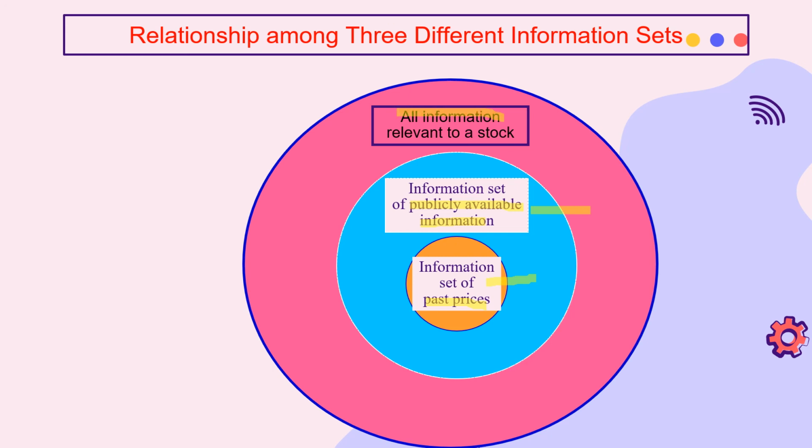And untuk all information relevant to the stock yang merangkumi private, public and past information, we call as strong form efficient market. So this is the relationship among three different information sets.